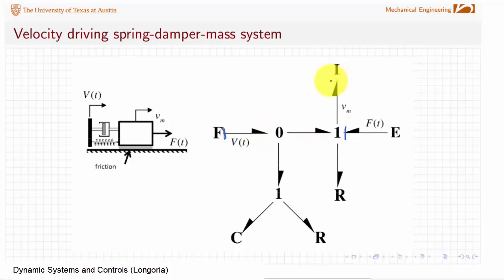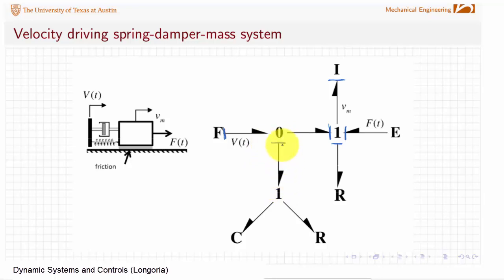So now let's go ahead and apply integral causality on that I, which means these bonds now are constrained to be efforts into this one. Now by doing this, we've imposed causality on this bond. Now we have a 0 junction with 2 flows. There's one bond left that must specify effort.